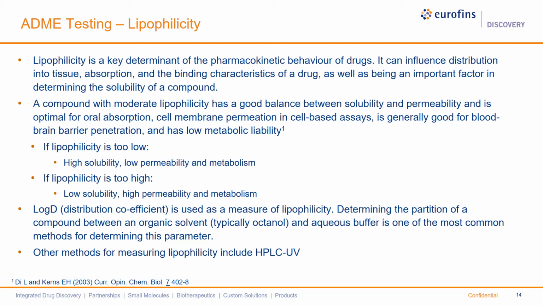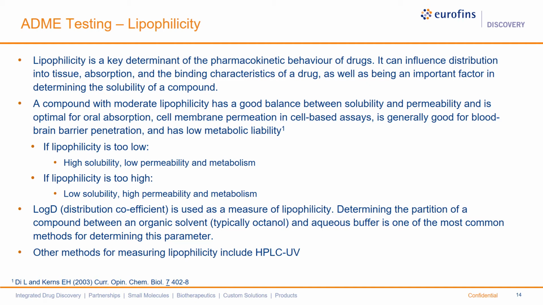A way of measuring lipophilicity is called the log-D, otherwise known as the distribution coefficient. This is a measure of how lipophilic a drug is. This is typically looked at by seeing the distribution or the partitioning of a drug between an organic solvent, typically octanol, and an aqueous buffer.